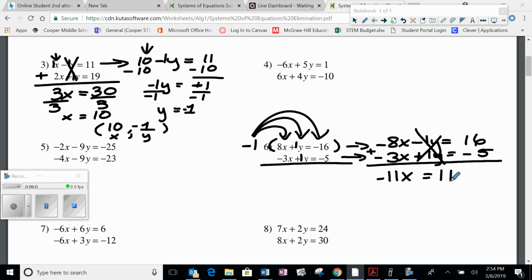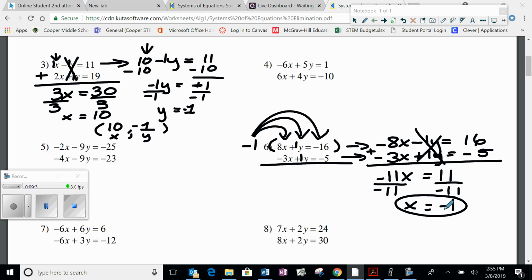Our final step is to divide by negative 11, and we get x equals negative 1. That's my x value, but now I have to find the y value. So I'm going to either use the first equation or the second equation and substitute negative 1 in place of x.